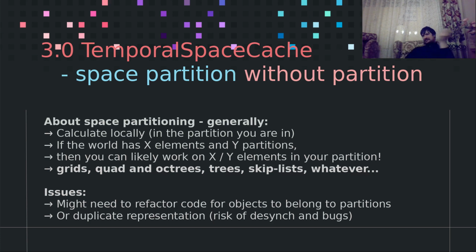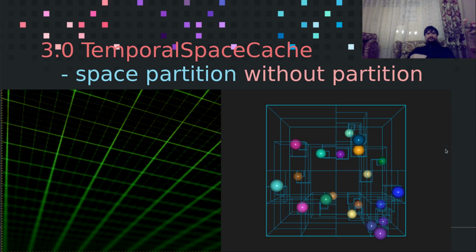The easiest way is to duplicate the representation when you need it, and then it can quickly add up, because then you will have another solution that also needs some kind of space partitioning. It implements its very own space partitioning. Then another one does the same, and it adds up, and it's getting huge. And also it can desync, and lead to bugs and all kinds of stuff. It's really hard to maintain and so on.